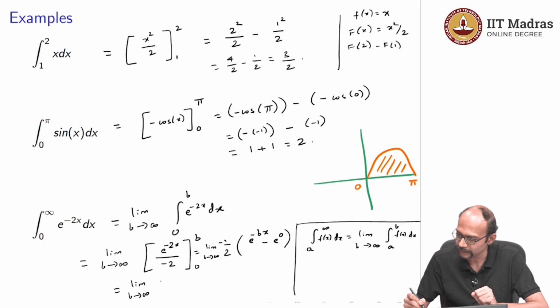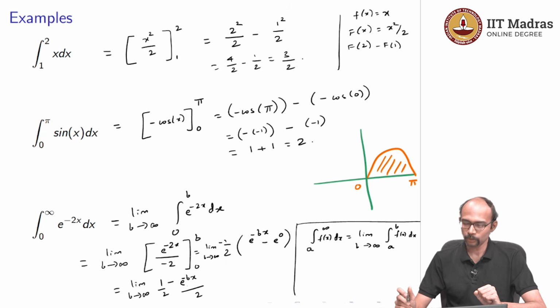e to the power 0 is 1. So, I get 1 minus, I am taking the minus sign inside. So, I get half minus the limit as b tends to infinity of e to the power minus 2b by 2, and as b tends to infinity, we know that e to the power minus 2b is going to tend to 0, right.